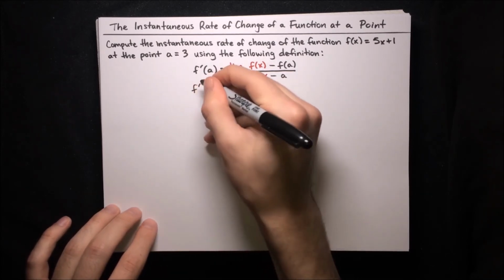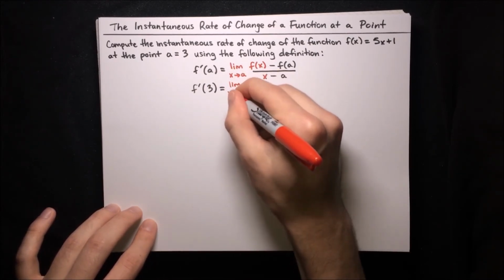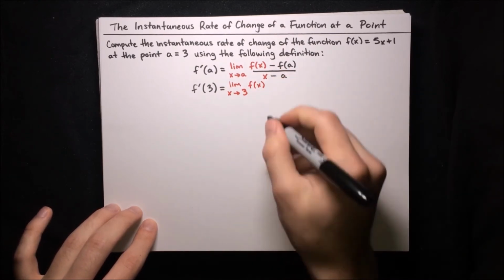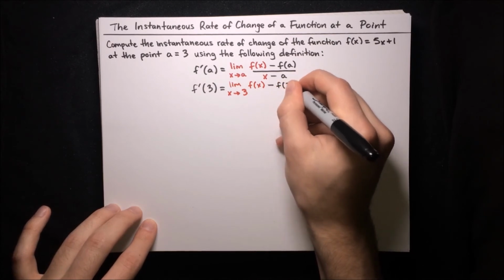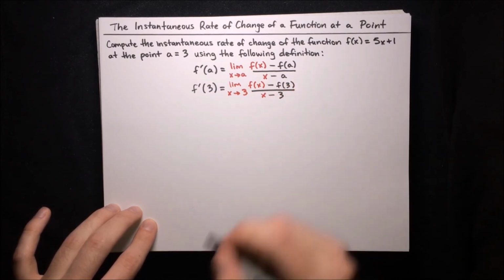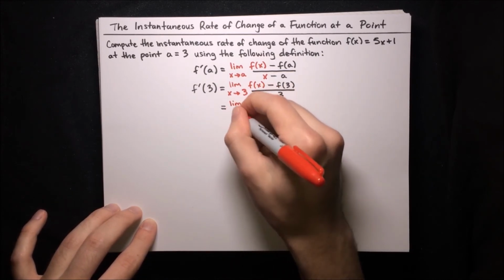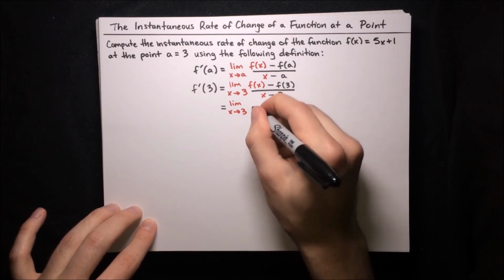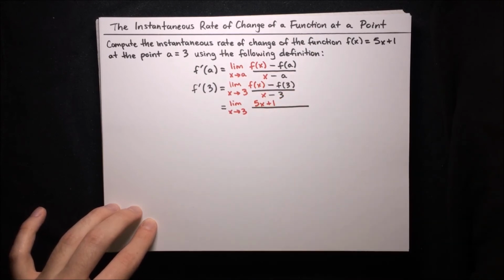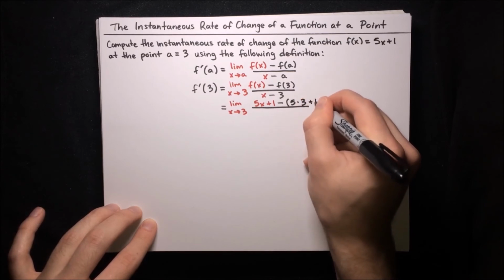We have that f prime at 3 is equal to the limit as x approaches 3 of f of x minus f of 3 all over x minus 3. Let's go ahead and simplify this limit using our definition for f. So this becomes the limit as x approaches 3 of f of x, well that's just 5x plus 1, and then minus f of 3, so minus 5 times 3 plus 1.